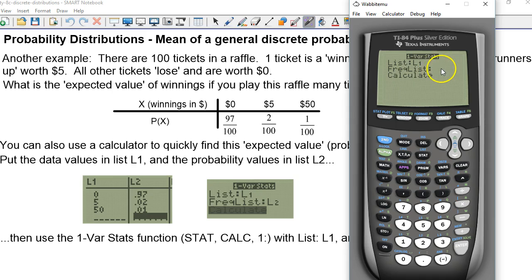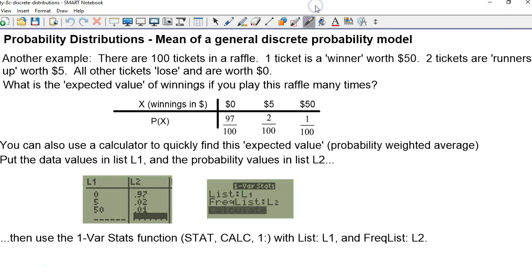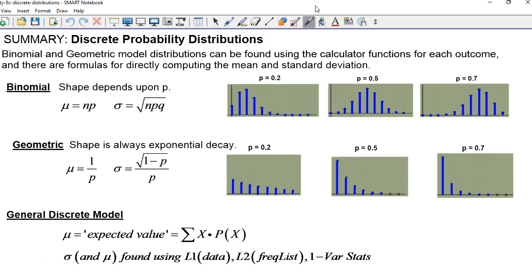Typically, frequency lists will be blank, so we have to tell it that the frequencies or the probabilities are in list 2. And when we click Calculate, the very first line, X bar, gives us the mean value, and the standard deviation of x's gives me the standard deviation. That means the expected value of this probability would be 60 cents. So that's how we can find that in a calculator.